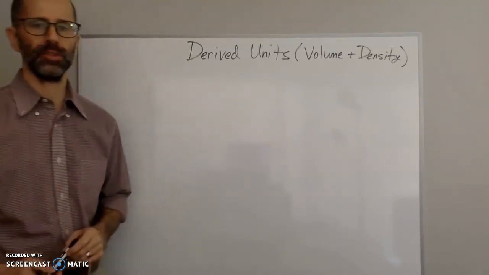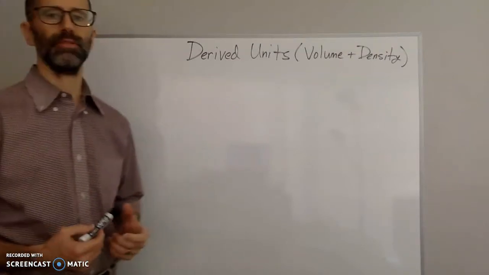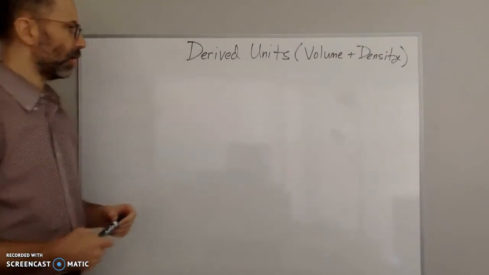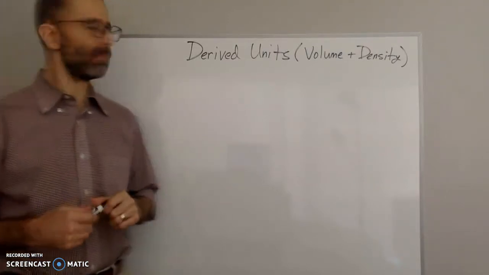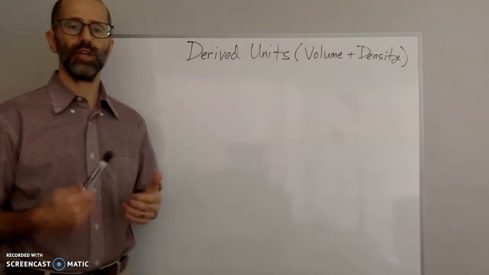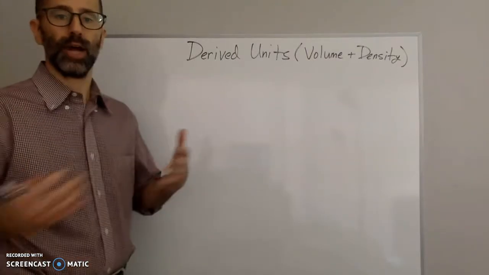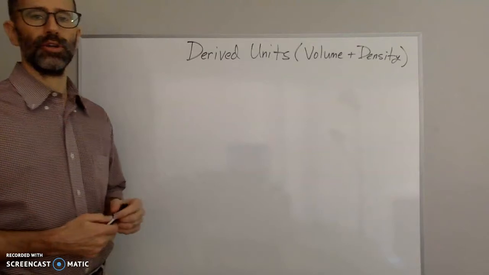I am Mr. Dean Cobalt and today we are going to be going over derived units. So this is going to be a short video. It's pretty easy to describe what derived units are. Derived units are units that are derived, as the name implies, from other units.